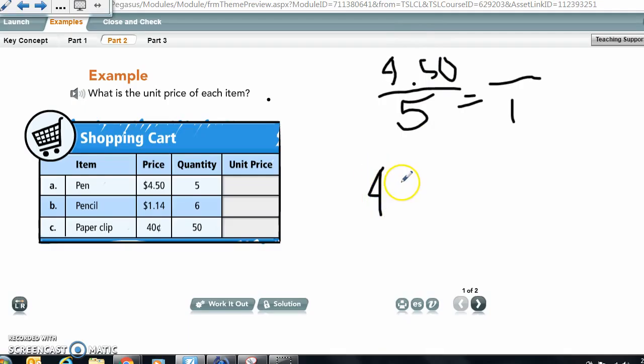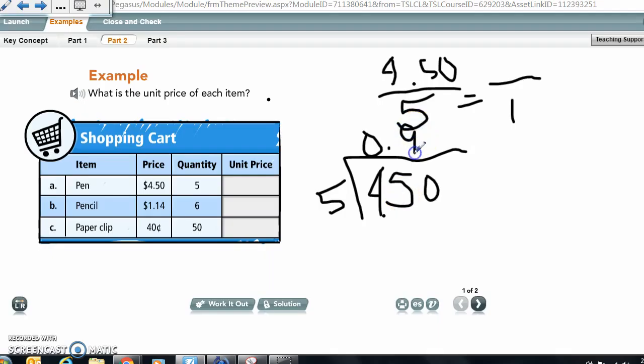Well, $4.50 divided by 5. Go ahead and show your work with me. 5 does not go into 4, so I need to put a 0 and bring my decimal straight up. 5 goes into 45. Well, 5 times 1 is 5, times 2 is 10, times 3 is 15, times 4 is 20, times 5 is 25, times 6 is 30, times 7 is 35, times 8 is 40, 5 times 9 gives me 45.